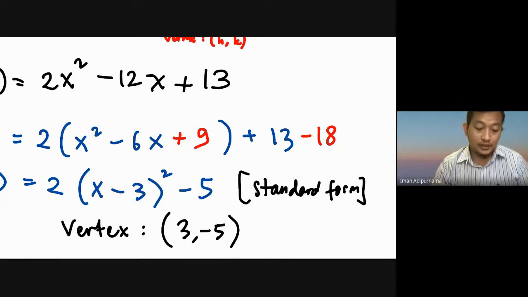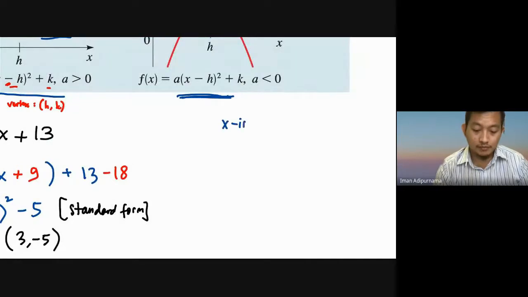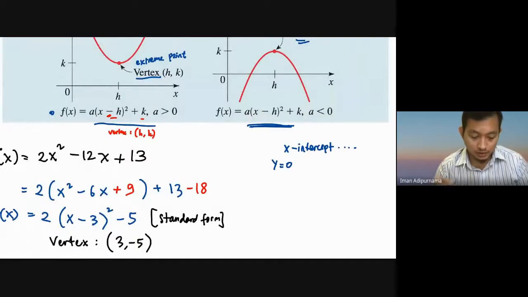And if you need to find the x-intercept, the x-intercept is when y is equal to 0. So the whole equation is f of x, it's y.